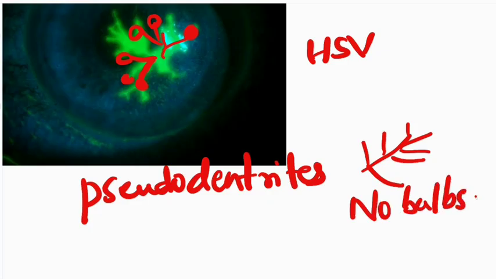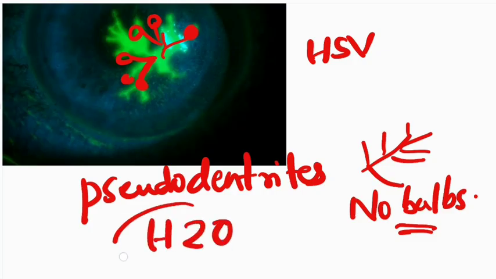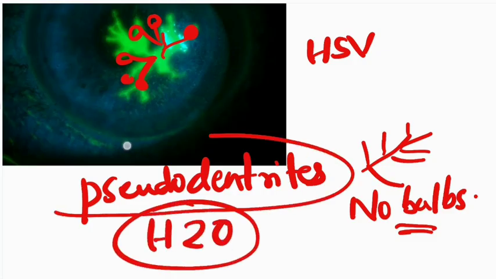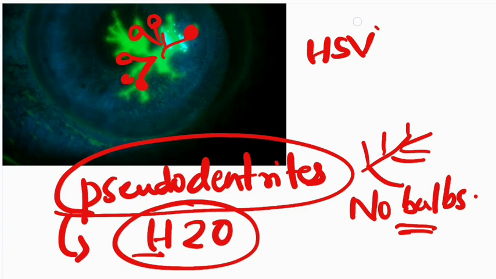Can you tell me which organism causes that kind of ulcer? Very good. It is caused by herpes zoster ophthalmicus. Write it down. Pseudodendritic ulcers are caused by herpes zoster ophthalmicus. So don't get confused. Herpes simplex virus causes dendritic ulcer. Herpes zoster ophthalmicus causes pseudodendritic ulcers.